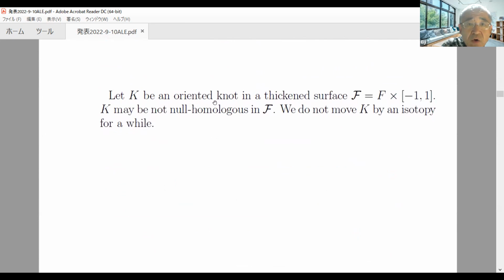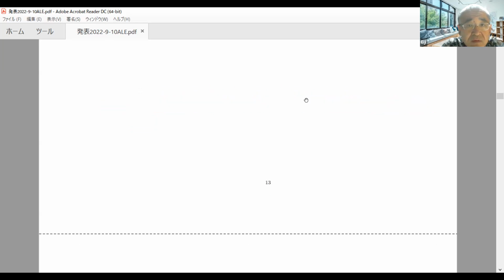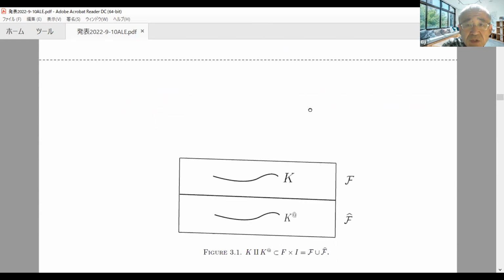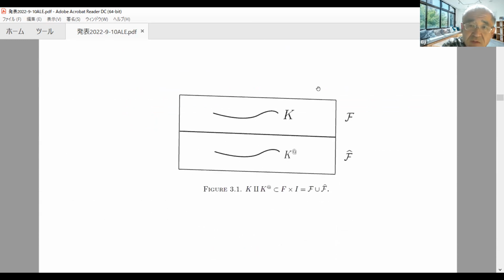Let K be an oriented knot in a thickened surface. K may be not null homologous in F. In a thickened surface, in general, a knot is a non-zero one-cycle. But we consider a kind of Seifert surface. We introduce a kind of Seifert surface for K in F cross I. Take a copy.